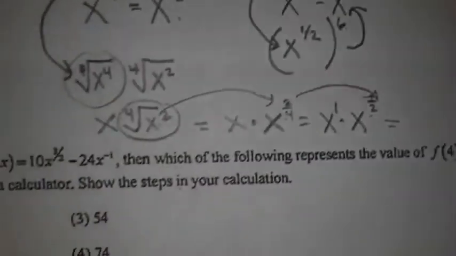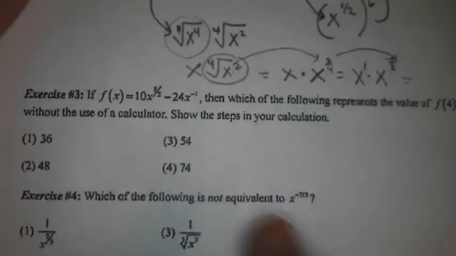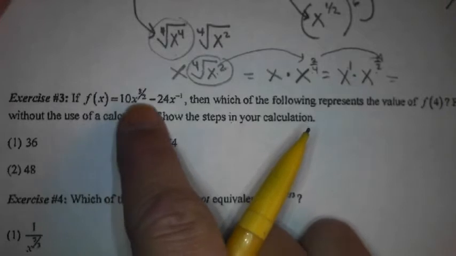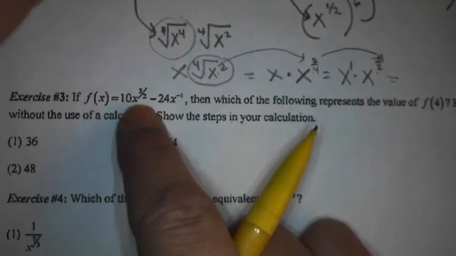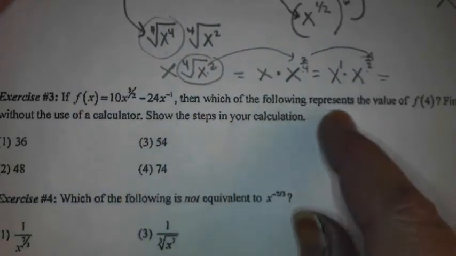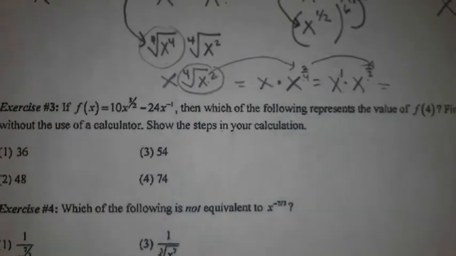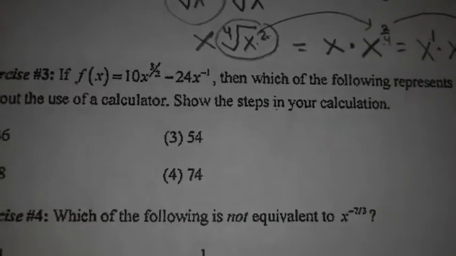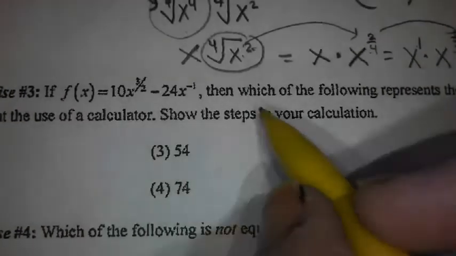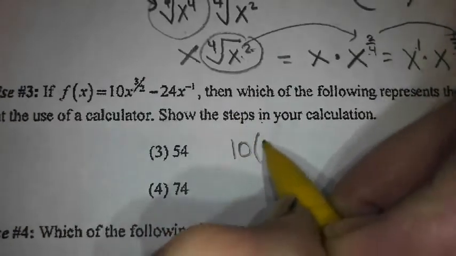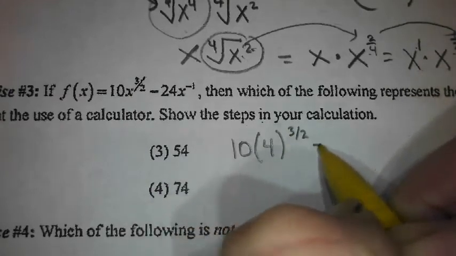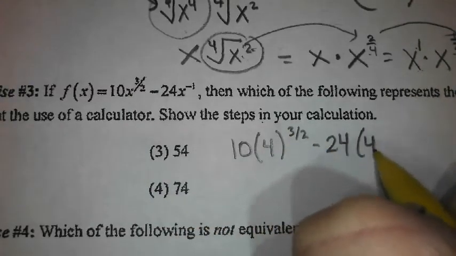So, we have an exponential function, and it's got fractional exponents. Which of the following represents the value of f of 4? It's silly if you have a calculator, but let's think about this conceptually. If x is 4, so that's 10 times 4 to the 3/2 minus 24 times 4 to the -1.